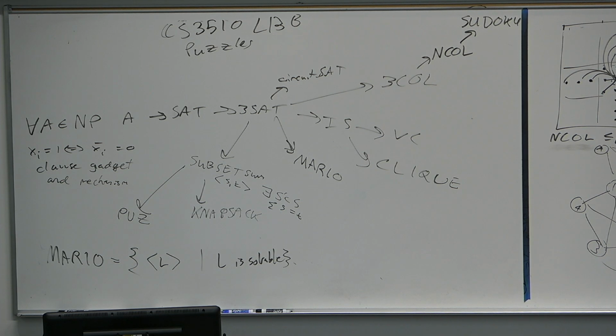We reduce from subset sum to this puzzle game. Let me make sure I'm doing it the right direction. Yes, okay. What's the reduction? We have, in subset sum, again, a set of items and an integer value t, and we want to map that to pieces and a board. What is the actual reduction?